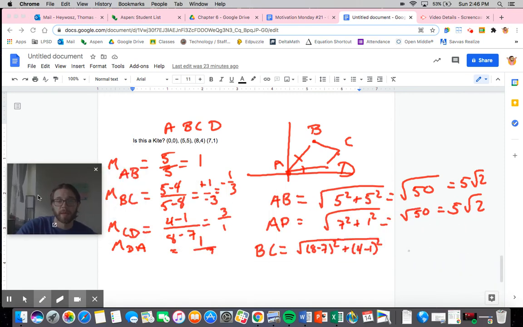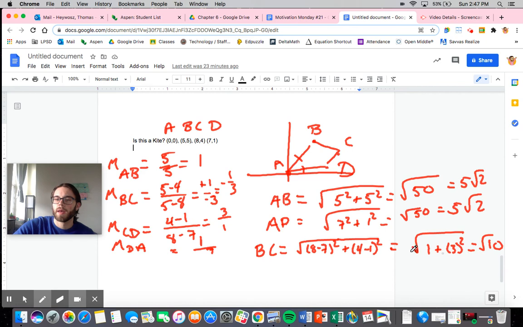And that's going to be equal to square root of 1 plus 3 squared, so the square root of 10. So if we do this correctly, this should also be the square root of 10, assuming this is a kite. I don't think it would be possible for us to show that it's not a kite otherwise. But anyway, let's go through that process.